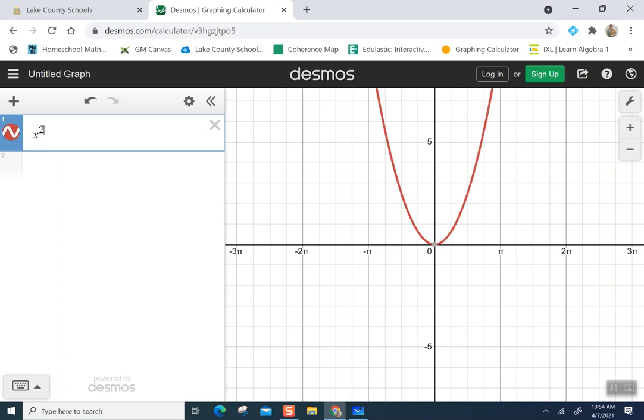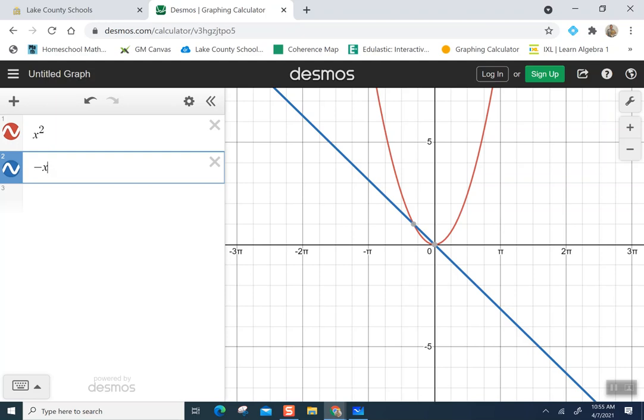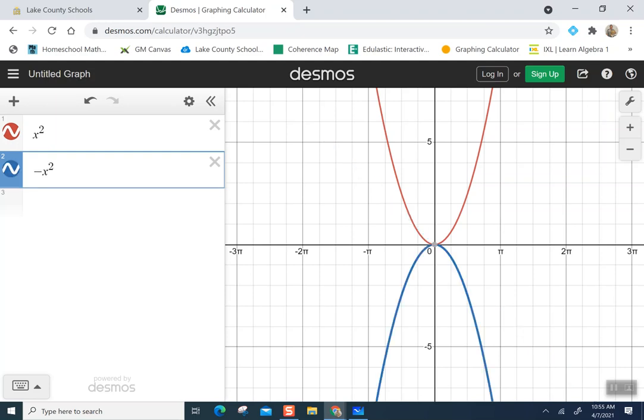X squared is the parent graph. How do I get it to reflect across the x-axis? Well, there's only one way. Is to do that, and that's it. There's no other way to make it happen.